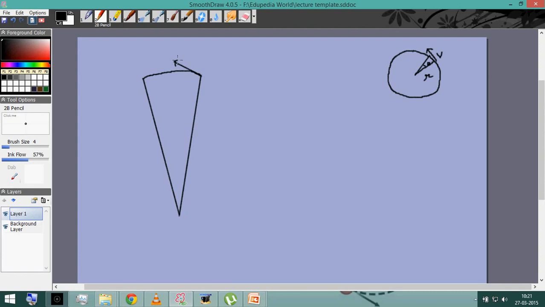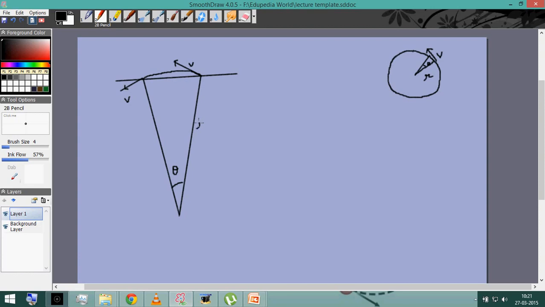So I'm going to take a small part of this circle and I'm going to enlarge it. This small part, let's call this angle theta. I apologize you can't see here, but let me enlarge this. So that small part would look something like this.